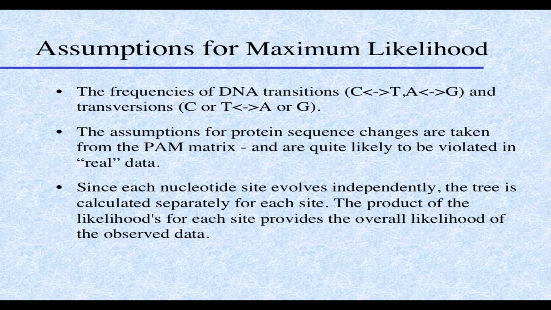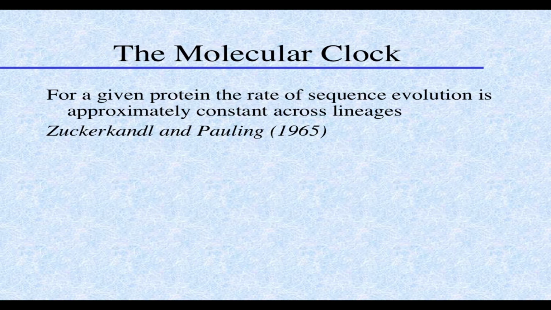Those same amino acid conversion frequencies are not going to apply to every gene, right? Actin genes may have very different evolutionary pressures on valines than whatever average set of genes was used to build the PAM or the BLOSUM matrix. No group of genes is going to have exactly average amino acid change rates for all of its amino acids. So those assumptions are just blatantly invalid, but you can use them anyway. All right, I'm going to skip that.